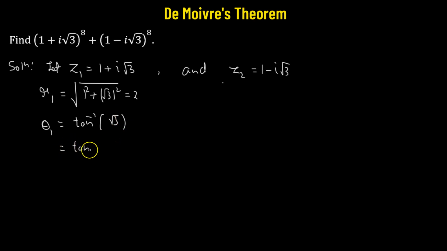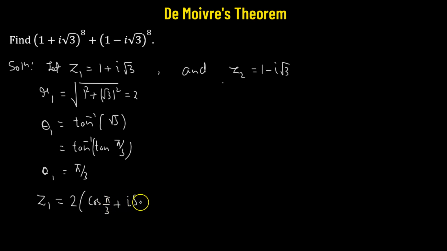So this is going to give us tan inverse of tan of pi over 3, because we know that square root of 3 is tan of pi over 3, such that theta 1 gives us the value pi over 3. Now we can represent our complex number z1 in the polar form as 2 multiplied by cosine of pi over 3 plus iota times sine pi over 3.